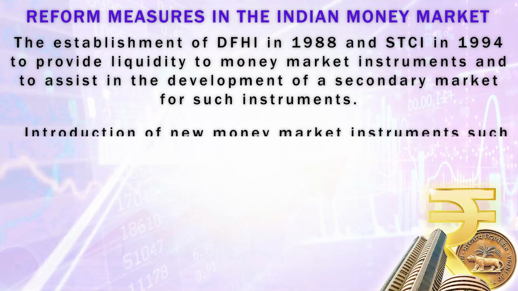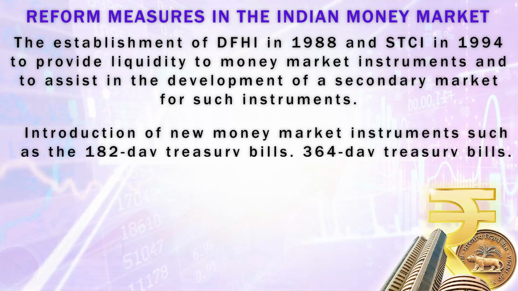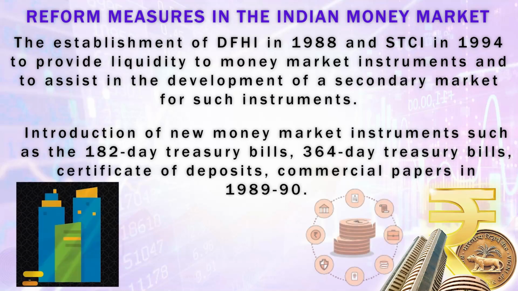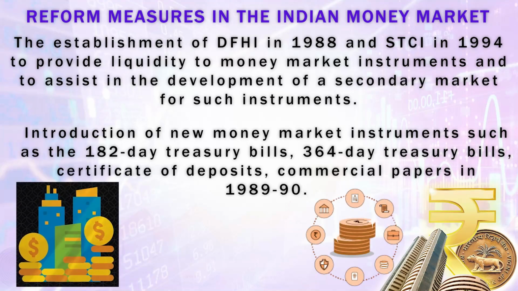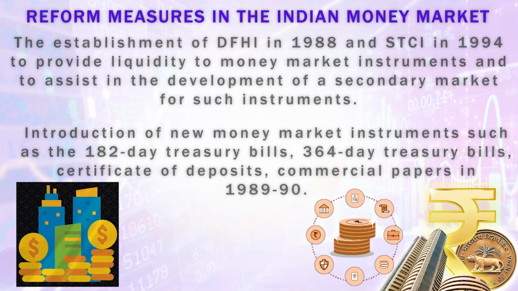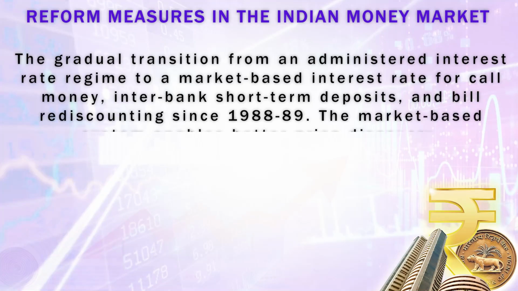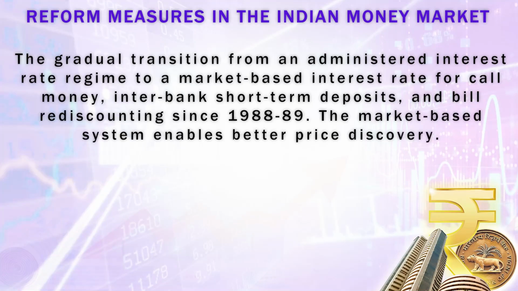The second one is the introduction of some new money market instruments, in terms of 182-day treasury bills, 364-day treasury bills, certificates of deposit, and commercial papers since 1989-90. Then there was a gradual shift from the administered interest rate system to a market-based interest rate system to realize better price discovery.